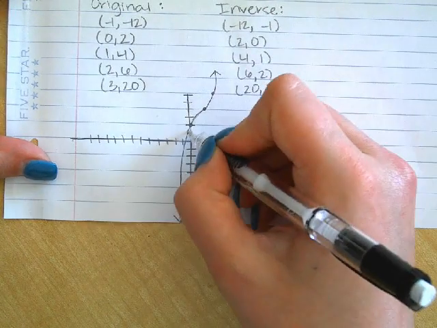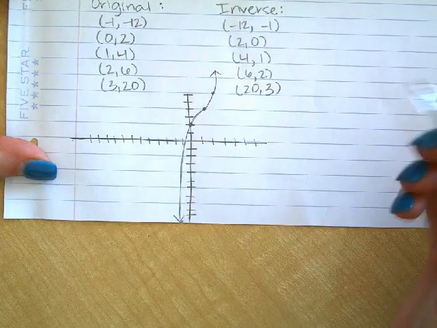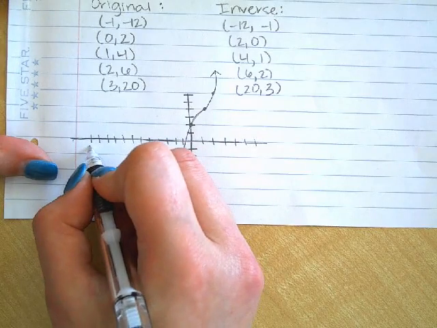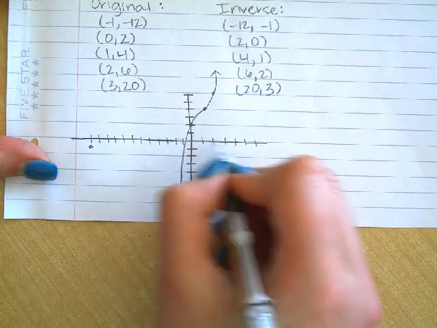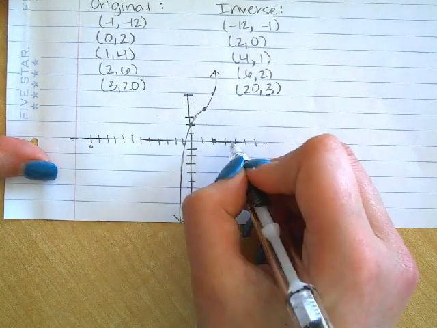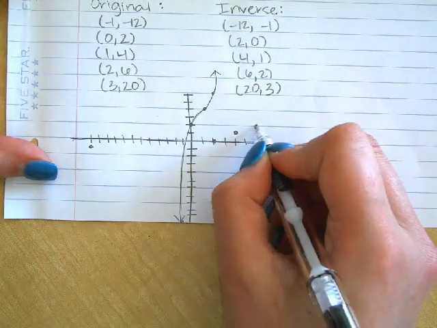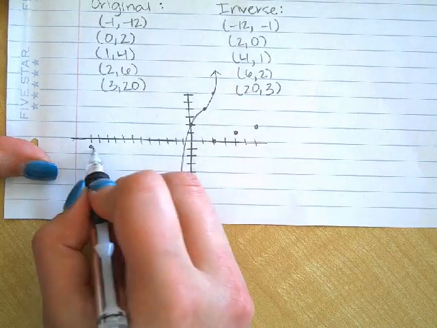It's not perfect, but it's okay. And then for the inverse, I have left 12 down 1, then (2, 0), (4, 1), and (6, 2).